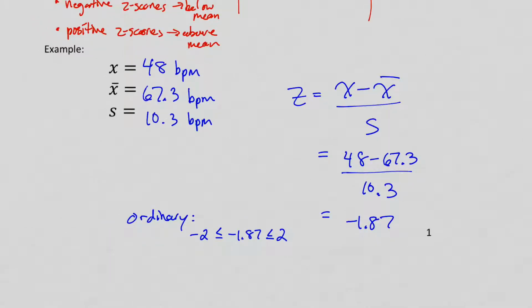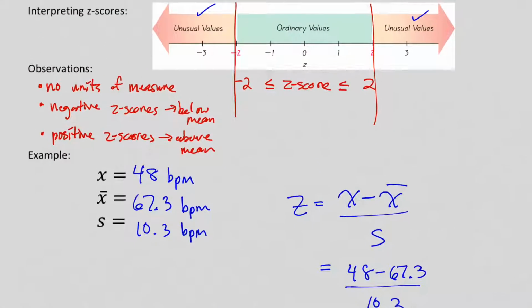If you divide it, that gives the location of the 48 beats per minute. Negative 1.87 is right there. So although 48 looks very far from the average, it's actually an ordinary value.